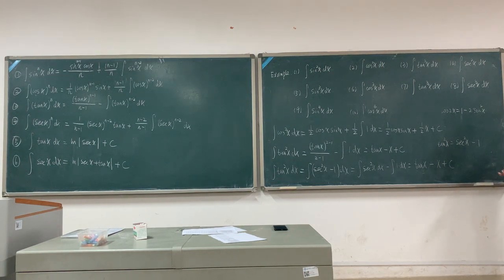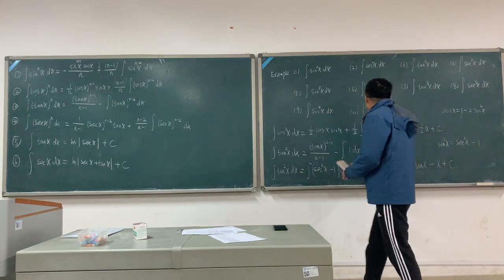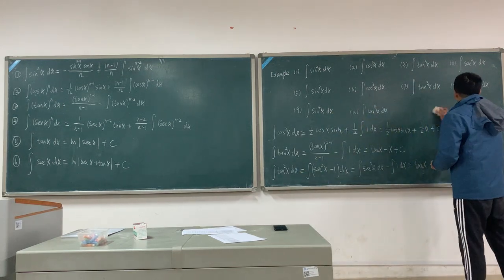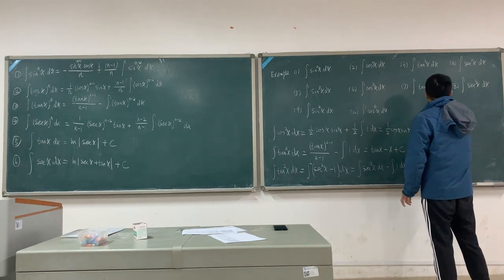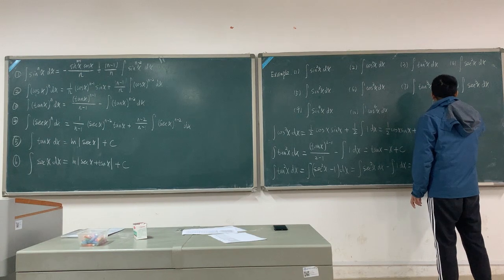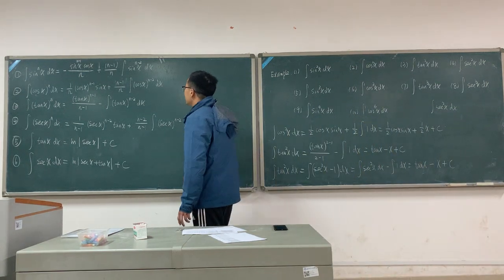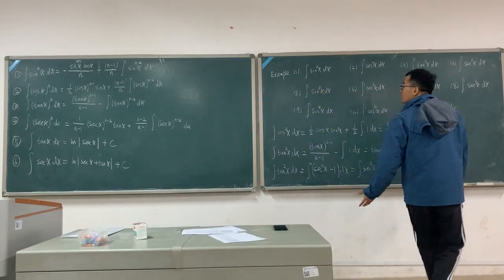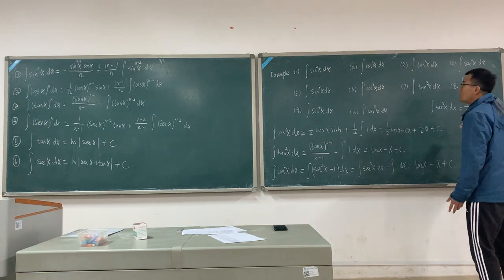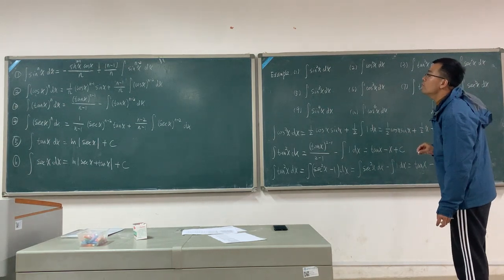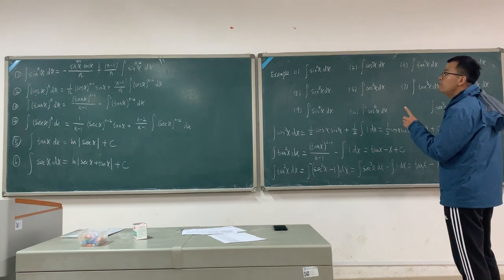Now number 4 is easy, okay? The antiderivative of secant square. Secant x squared dx, we can use formula 4, yeah? So number 4 is equal to 1 over 1, oh no, 1 by 1. Secant to the power 2 minus 2.